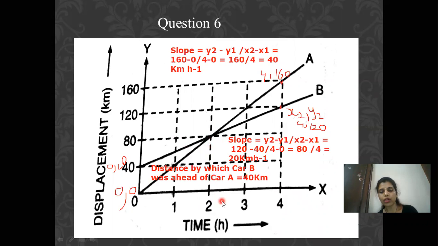So you have to write over here the time. I'll be just marking it and writing.